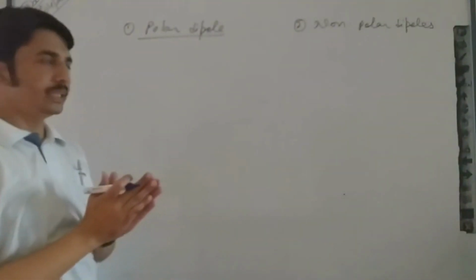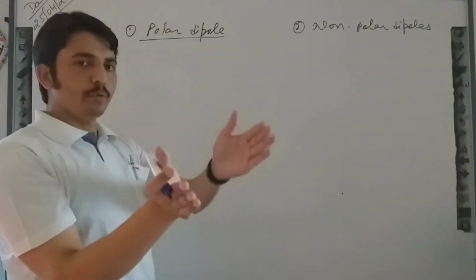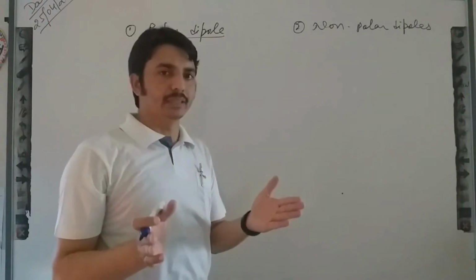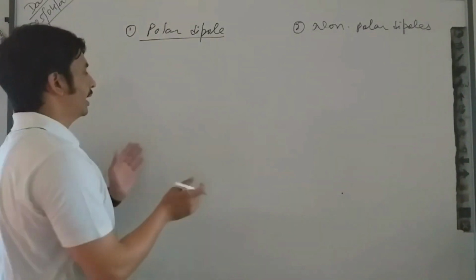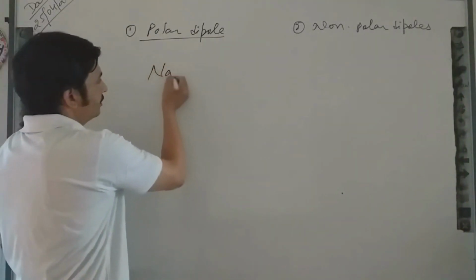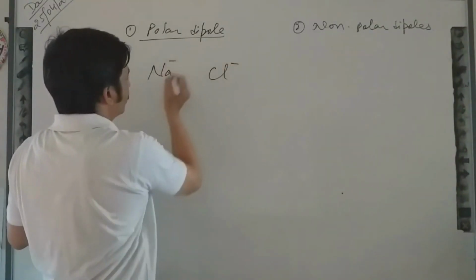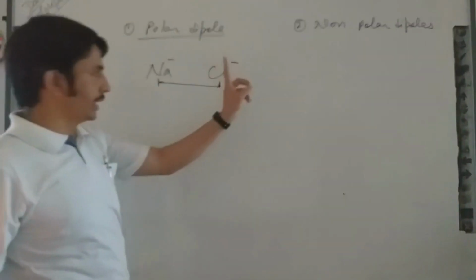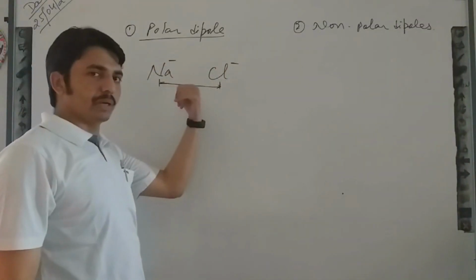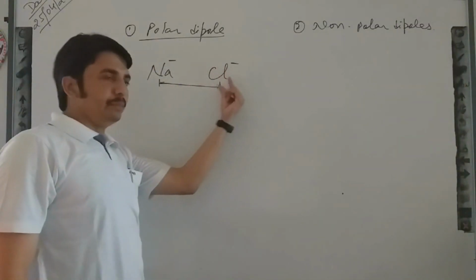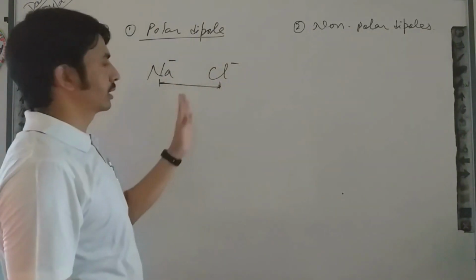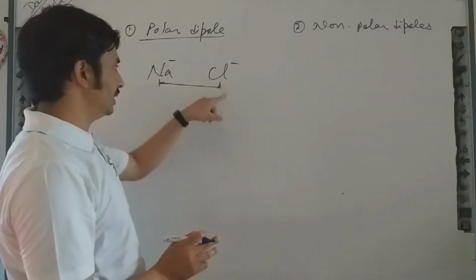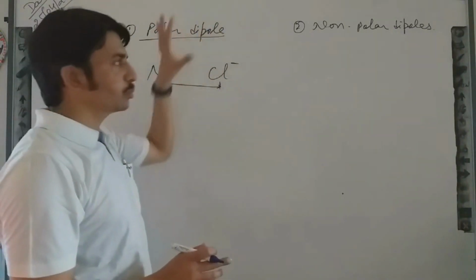Polar dipole means, as the name suggests, it has its poles, negative and positive ends, like NaCl. Both are kept at some distance. So this will be the negative pole, this will be the positive pole. Clear? This kind of dipole is known as polar dipole.